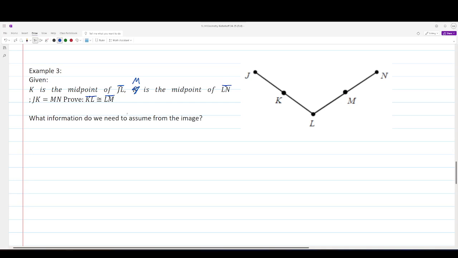So, as normal, we're going to start by marking up our drawing. Since K is the midpoint of this segment, we know that these two are equal. Since M is the midpoint of this other segment, we know these are equal as well, but they're not the same necessarily, so we put 2 dashes. Our last given information says JK equals MN. Well, if this one and this one are equal, then that means we don't need 2 dashes.